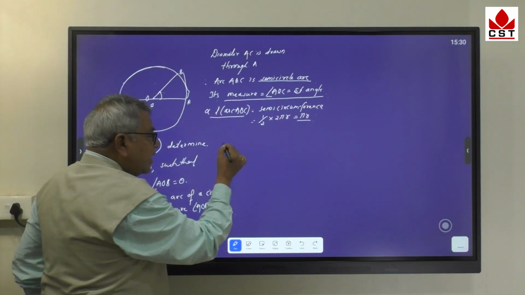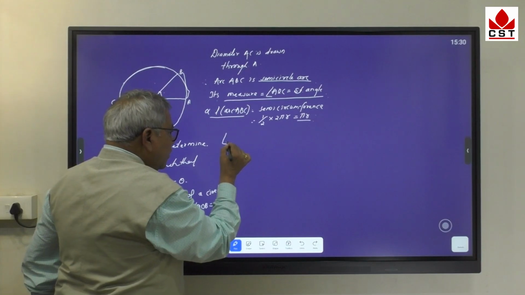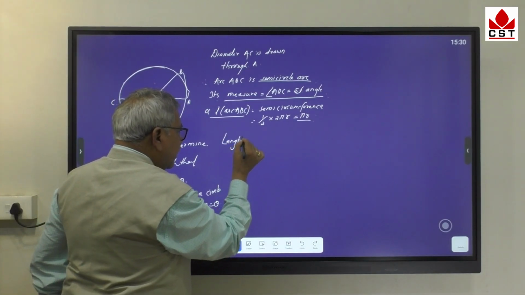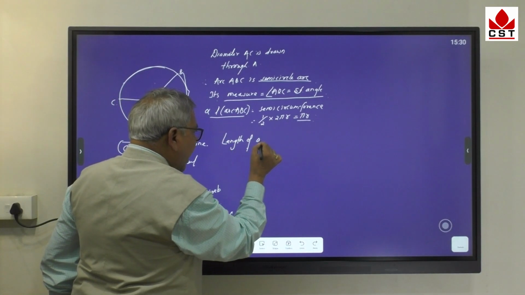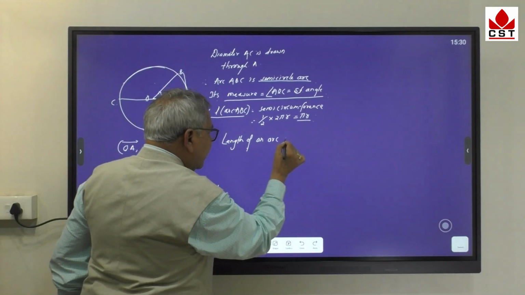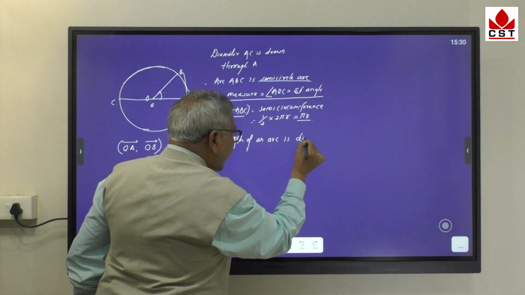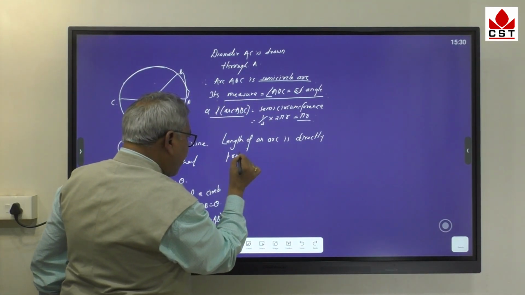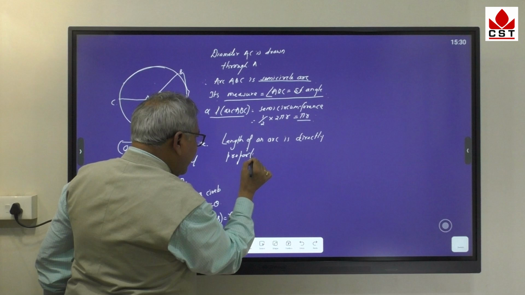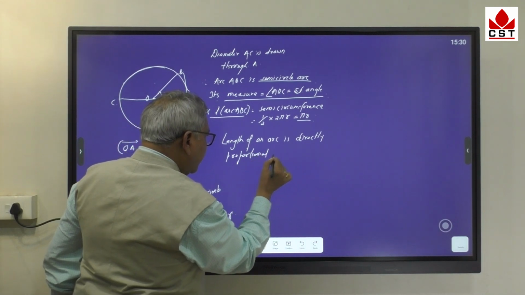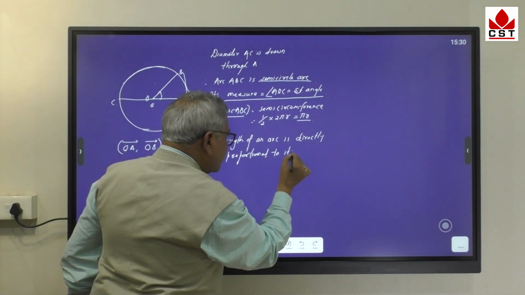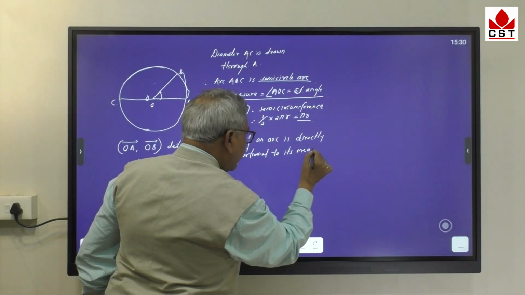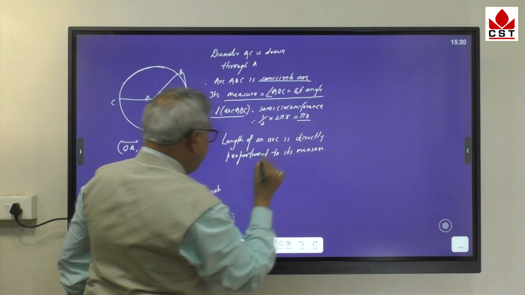Now, as you know that if arc length increases, the angle also increases. So therefore, can I say like this? Length of an arc is directly proportional to its measure. Am I right?